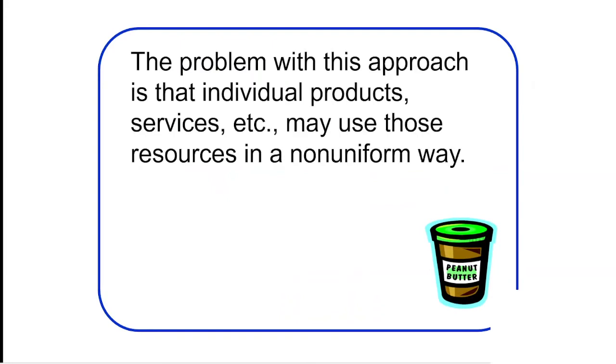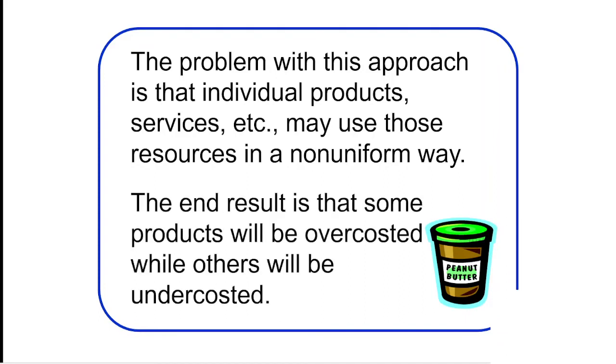The problem with this approach is that individual products may not use the resources in a uniform way, as we have already explained. That results in some overcosting or undercosting of certain products, and that may also result in showing that some products are not profitable, or some products are overly profitable, which they actually should not be.